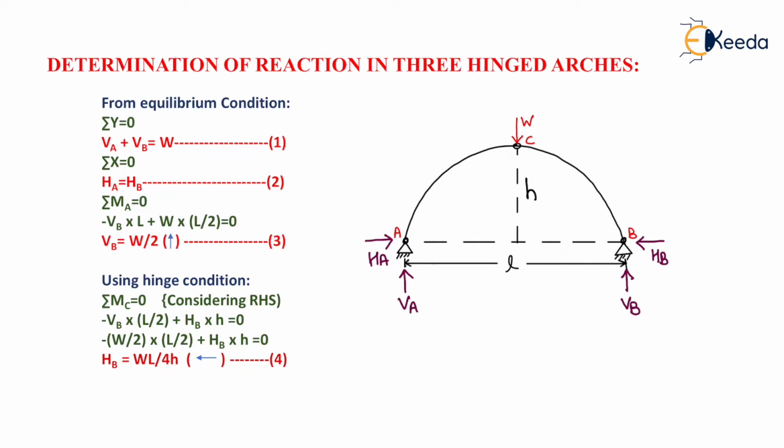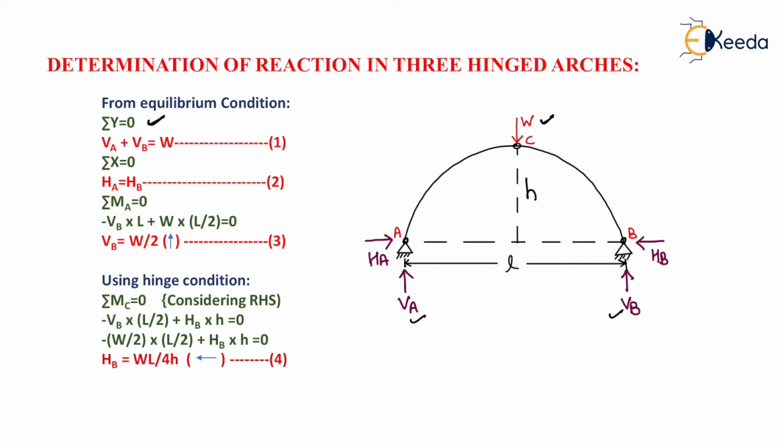Now we know that the first equilibrium condition is the summation of all the forces acting in the vertical direction equals 0, that is summation of Y equals 0. Now in this arch there will be two vertical reactions acting in the upward direction and one vertical force acting in the downward direction.